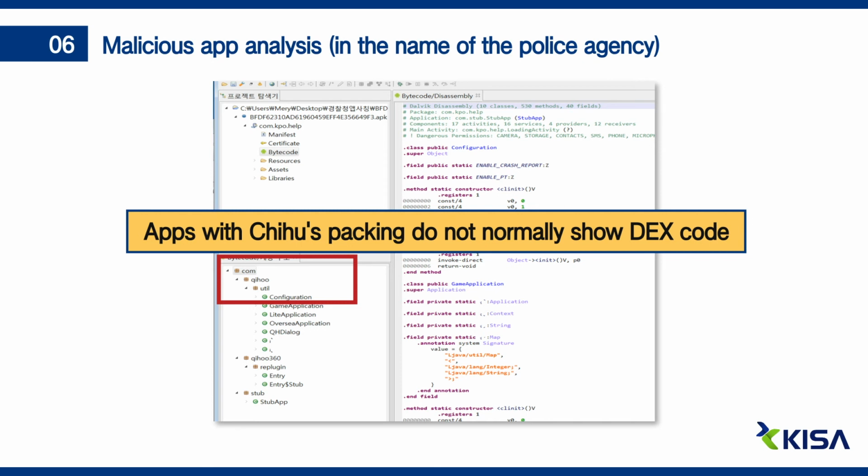Packed apps from the Chinese company QIHU 360 have different parts than regular apps. If you look at the manifest, where you can see the app's permissions and components information, you can see the Android Chihu section, which is not visible in a typical Android app.